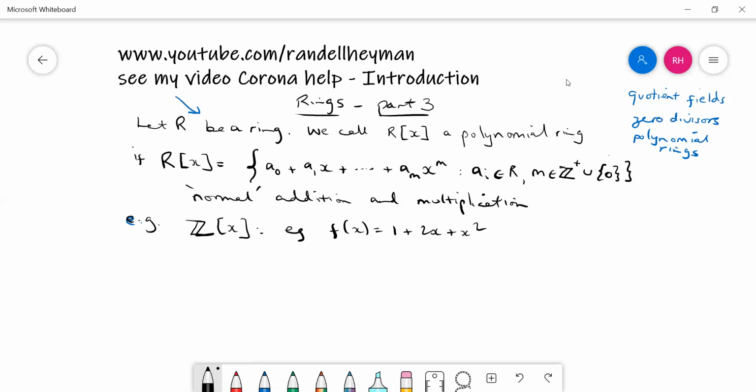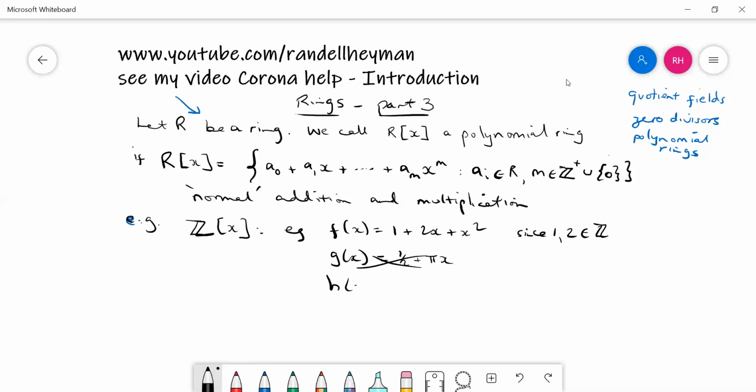That would be fine because 1 and 2 are elements of Z. Something like g(x) equals 1/2 plus pi x is not an element of that ring because the coefficients are not integers.